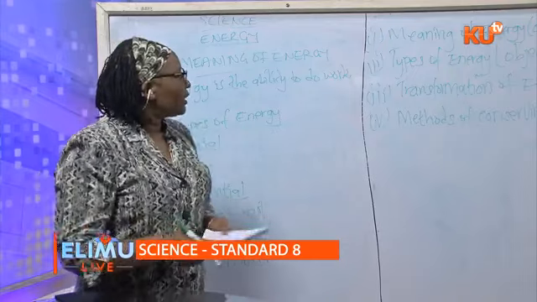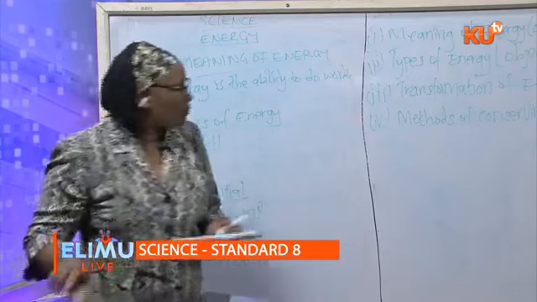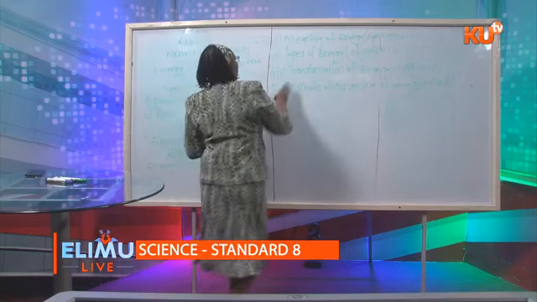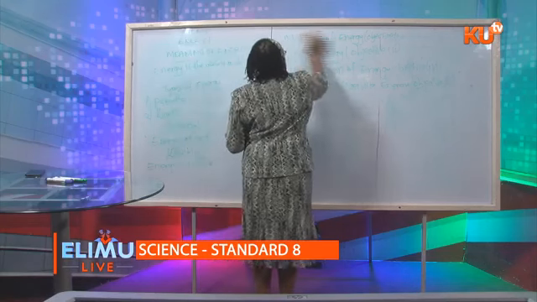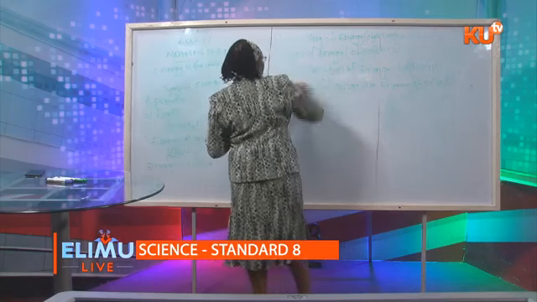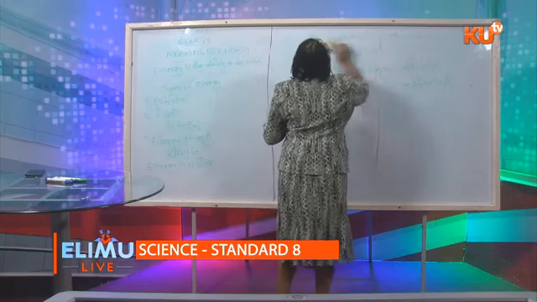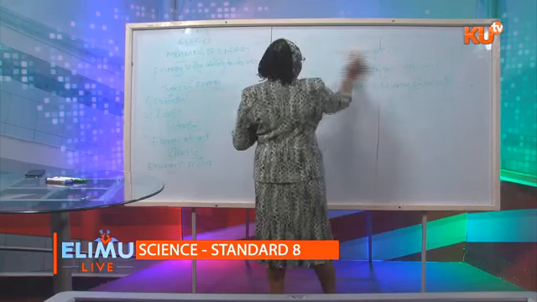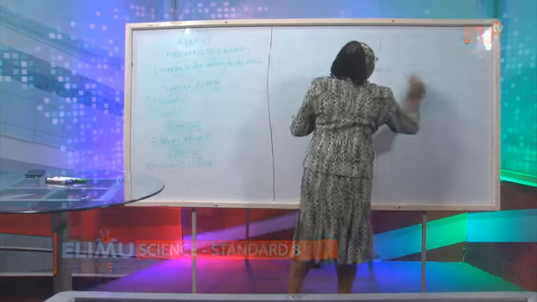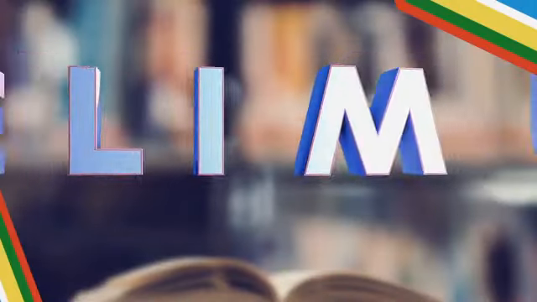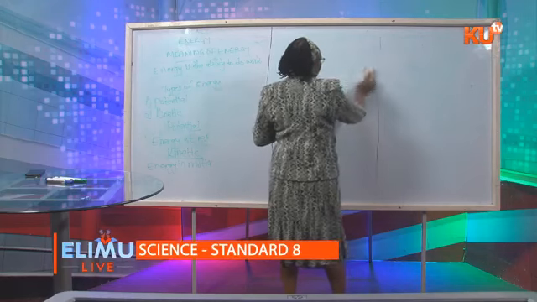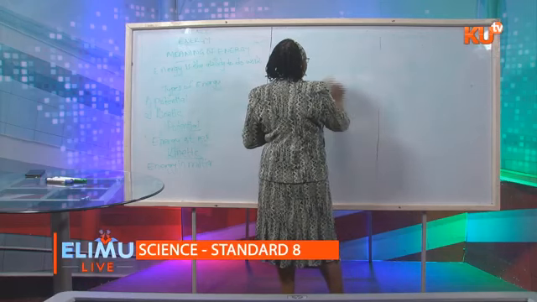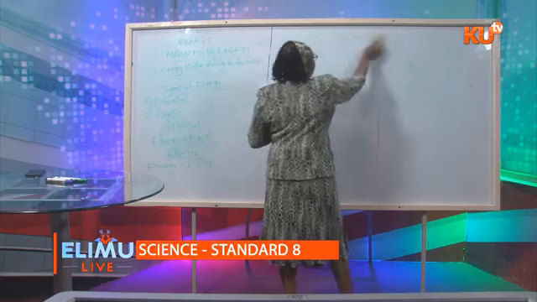Now, let us look at potential energy. We are looking at potential energy, or energy at rest. We want to look at the types of energy which are referred to as potential.